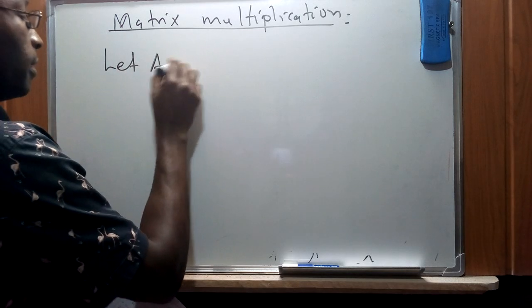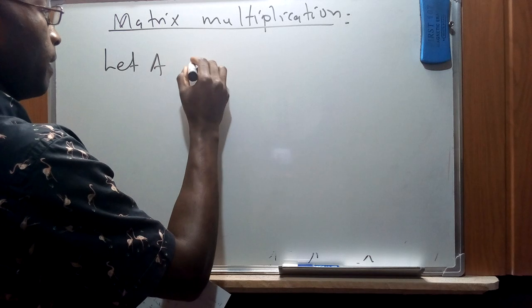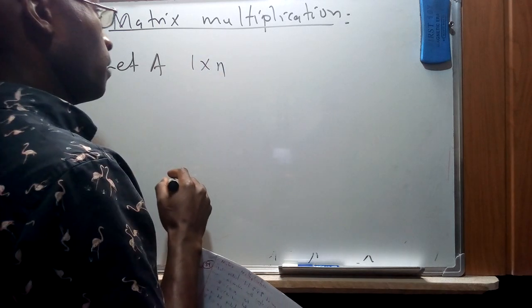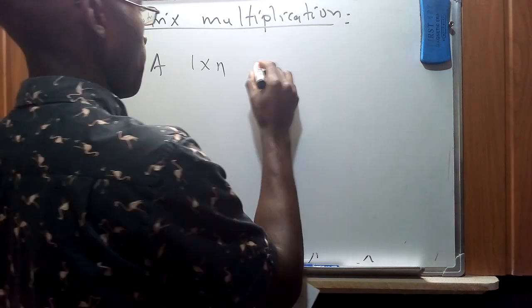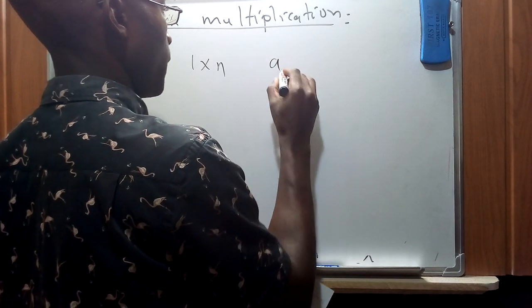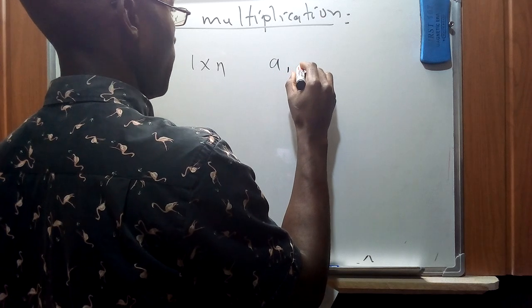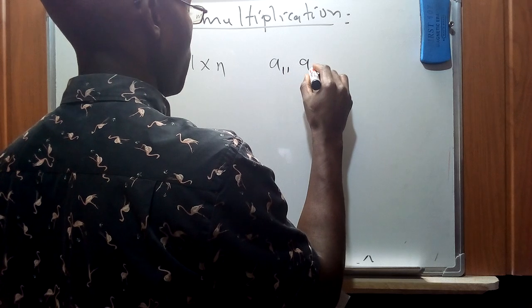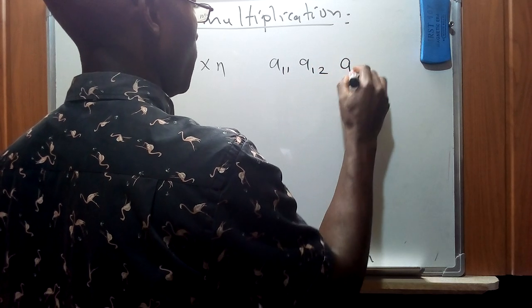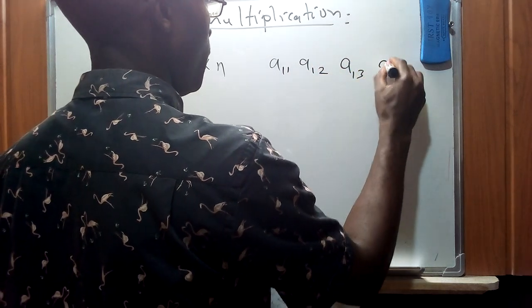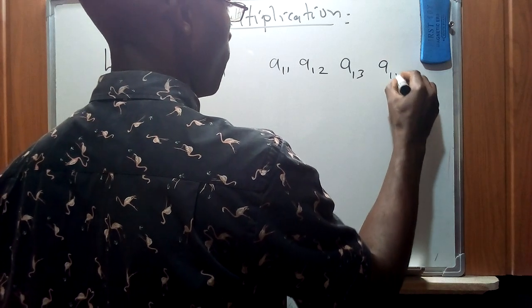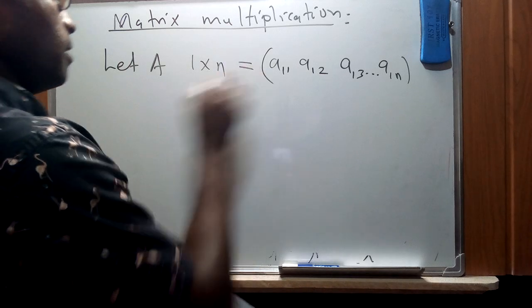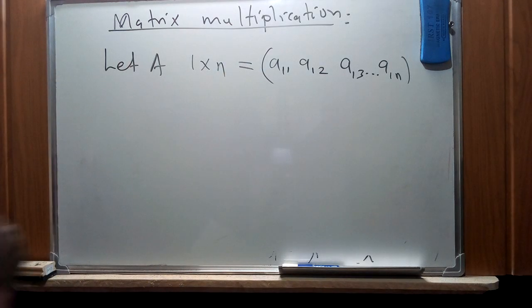Suppose our matrix is A, a 1 by n matrix, then we can write it as A11, A12, A13, up to A1n.